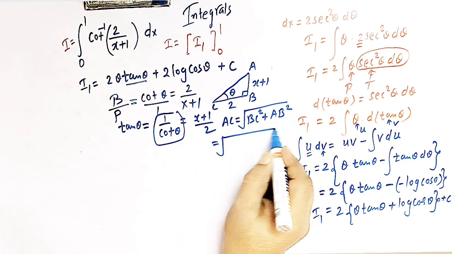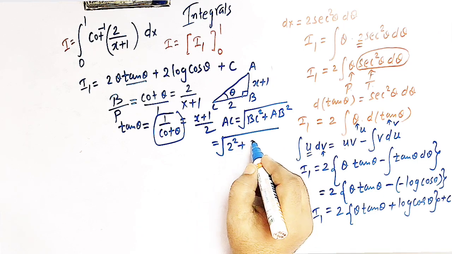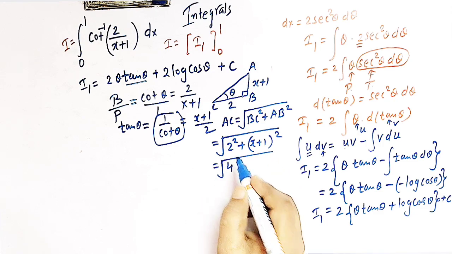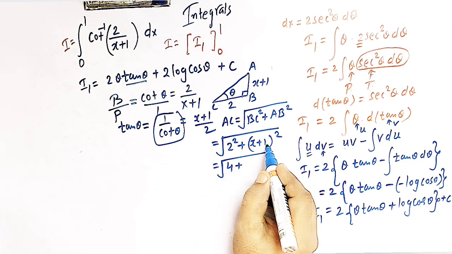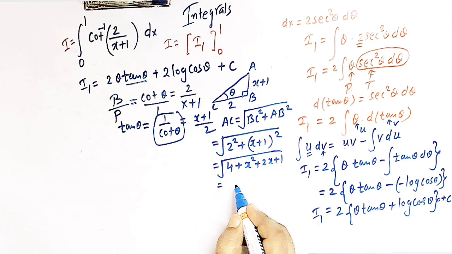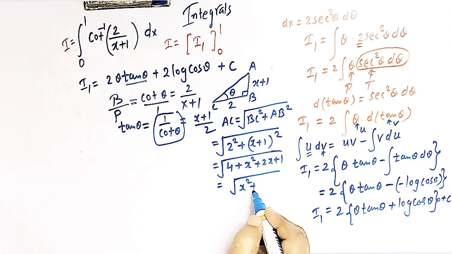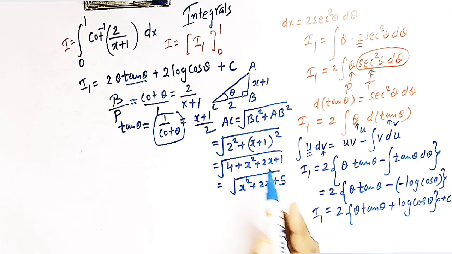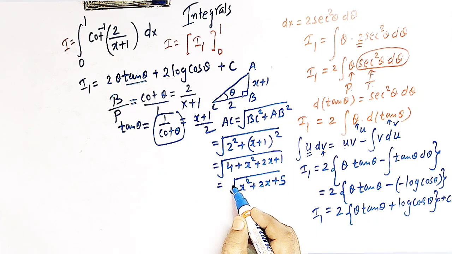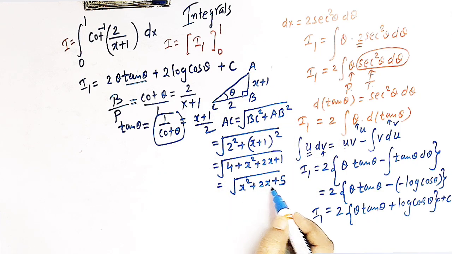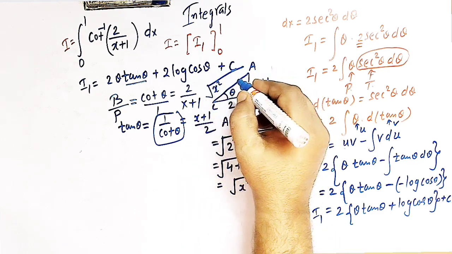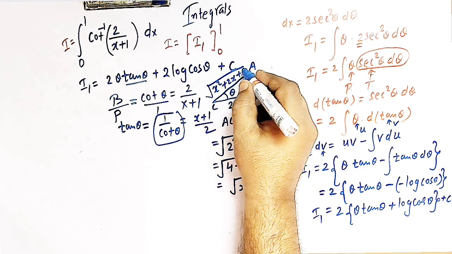So we have the square root of 2 square plus x plus 1 whole square. 2 square is 4, and x plus 1 whole square is x square plus 2x plus 1. So we have the square root of x square plus 2x plus 5. So the length of the hypotenuse, that is AC, is the square root of x square plus 2x plus 5.